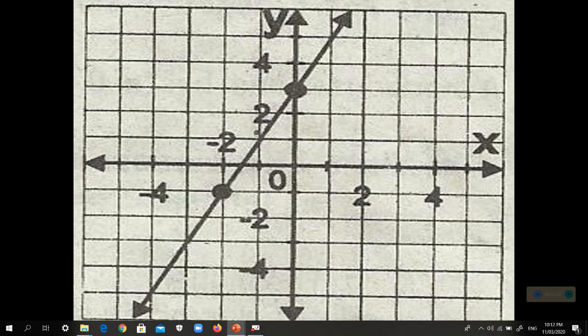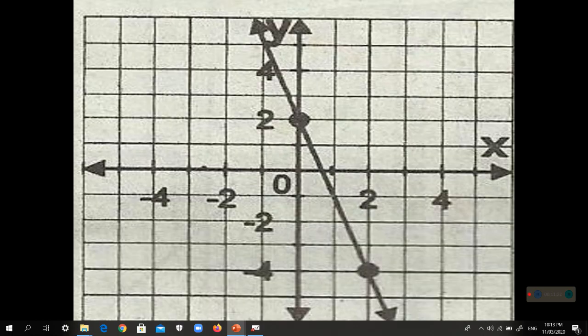So, next we have, to count again the rise over run, 1, 2, 3, 4 over 1, 2. So, our slope here is correct, positive 2. Next, we have, count the number of rise, 1, 2, 3, 4, 5, 6 over 1, 2. So, what do you think is the slope? Is it positive 3?